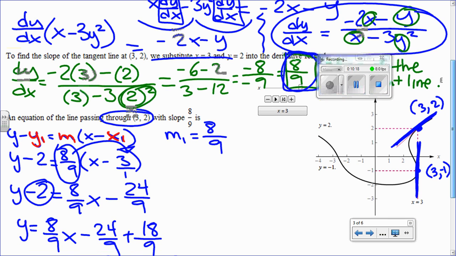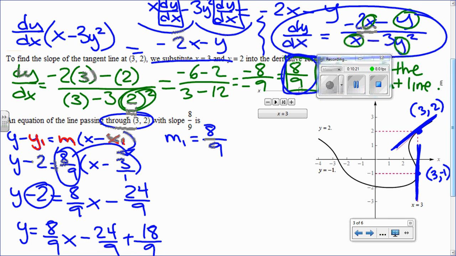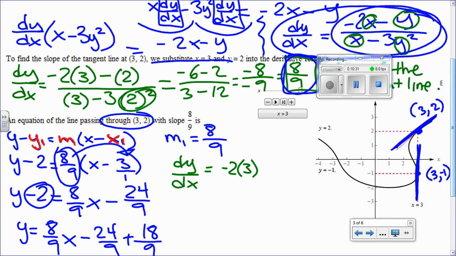So if you were to plug in, or substitute, I should say, the numbers into this one here, let's just do that quickly. It will be something like dy/dx equals -2 times x, which is 3, and then minus y, which is -1. And then on the bottom, we will get something like 3 minus 3 times -1 squared.